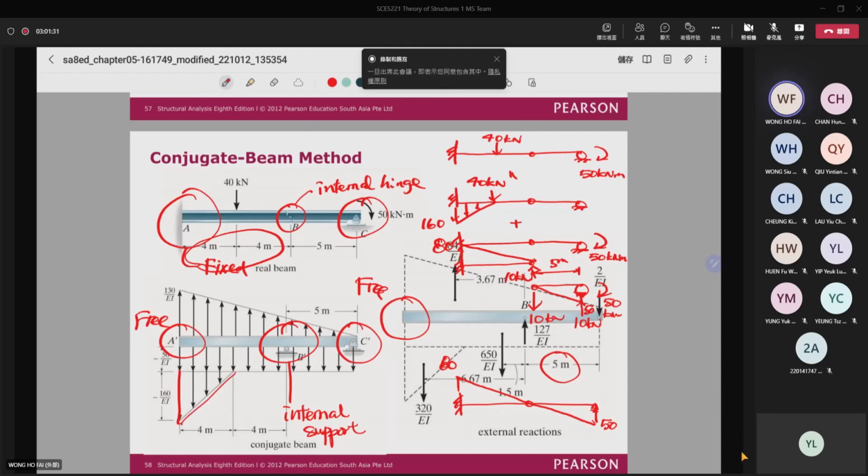Now this triangle is actually this part here. And then this 80, you can see that this is 130, this is 50. When I add this together, it is equal to 80. And this is negative 50 here. When I add this one and then this one together, it is equal to 50, right?